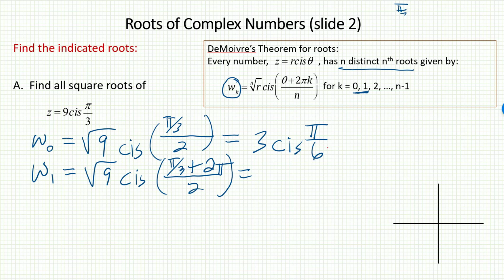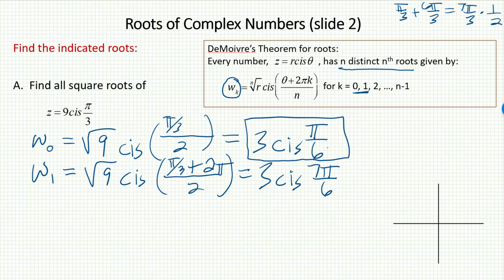So pi over 3 plus 2 pi, if I call that 6 pi over 3, to get a common denominator, that gives me 7 pi over 3. And then dividing by 2 is like timesing by 1/2. So it looks like I'll end up with 7 pi over 6. 3 cis 7 pi over 6. The original number has 2 square roots, and here they are, 3 cis pi over 6 and 3 cis 7 pi over 6.